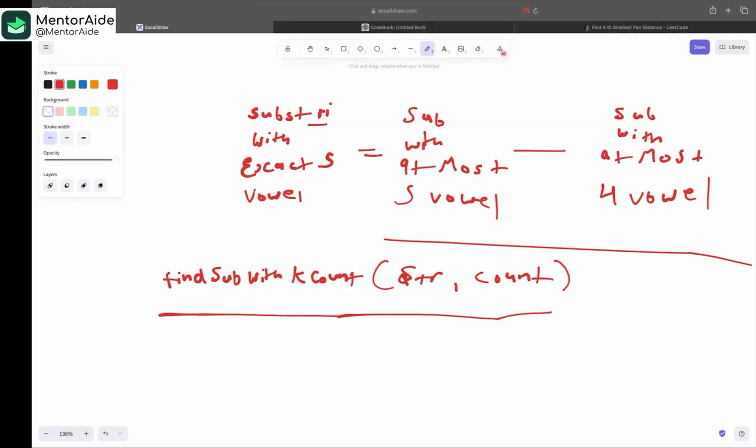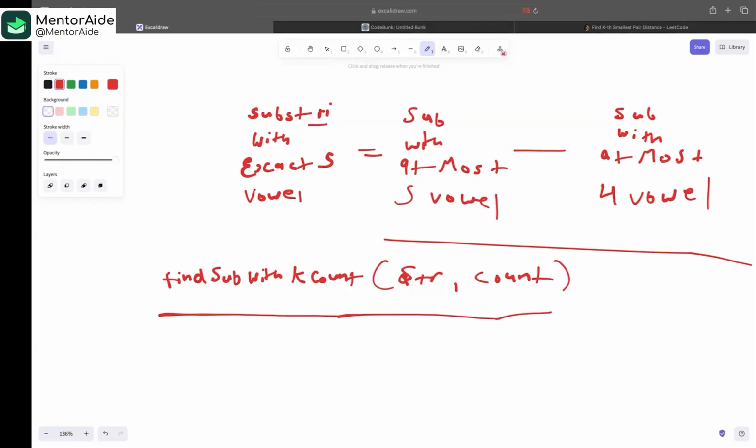Because recursion and backtracking is very confusing. Yeah, sorry, go ahead. So can we take the sum in this question? Like the first value, we'll put it in a variable called sum.